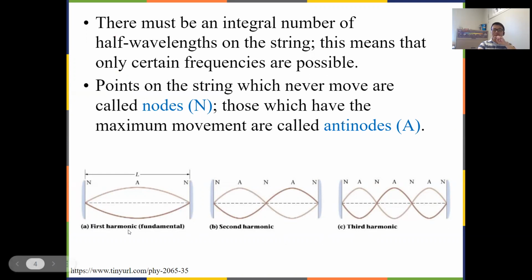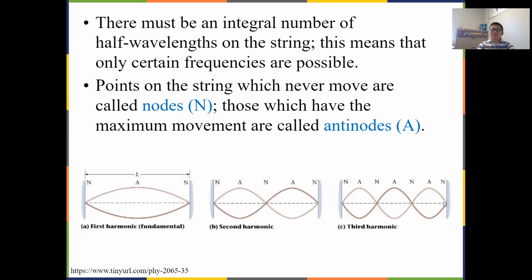The first harmonic means you have the lowest frequency, or the fundamental frequency. The second harmonic is a wave that has the second lowest frequency, and then third, etc. Because in this case, you have just 1/2 of the wavelength, and that's the total length of the string, so the wavelength lambda should be 2 times L. In this case, you have two loops, so now the wavelength is L. So it's from 2L to L, right?